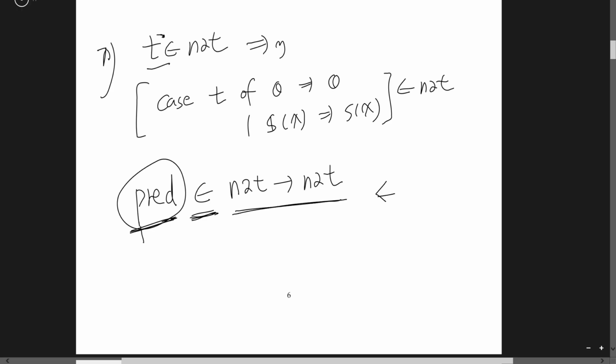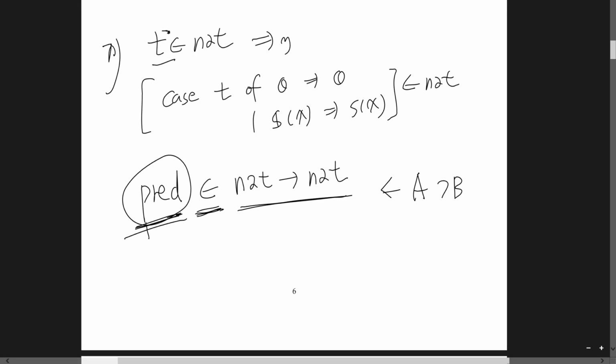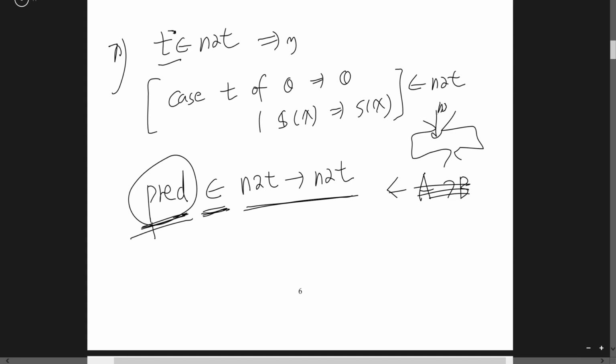It's not of a type of this form, for example A implies B, because this is not a proof term. It's literally a function, something like this one. It literally takes a natural number, this black box, and returns another natural number.